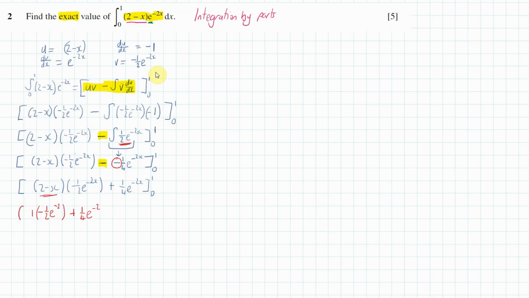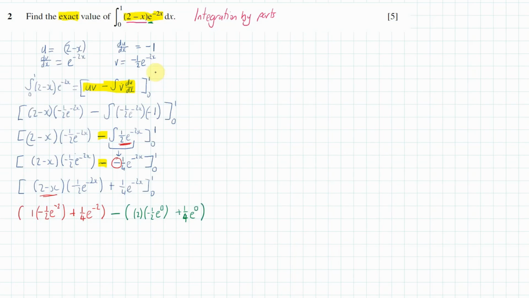Okay, that's our first bracket, and then we subtract and do our lower limit. So 2 minus 0 is 2, so we're going to have a 2 times minus 1/2 e to the 0, because negative 2 times 0 is 0, right? Plus 1/4 e to the, once again, 0.